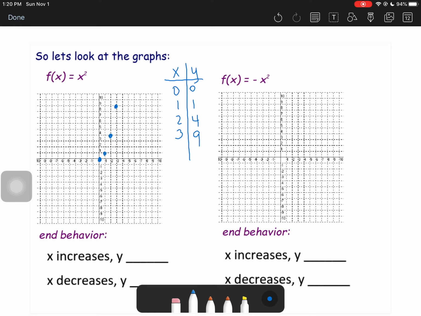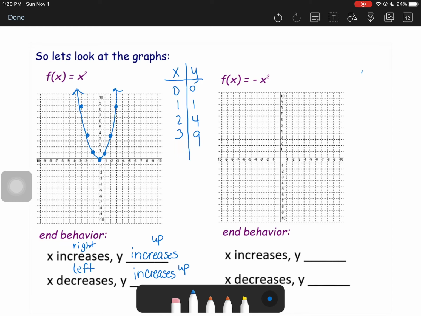And we know that we could reflect those to the other side to finish our parabola. And we can draw in our graph arrows on both ends, knowing now that as x increases, which goes to the right, the y is also increasing because it's pointing up. Likewise, as we are going to the left side, as x decreases, we're still going up for our y value. It will still increase.